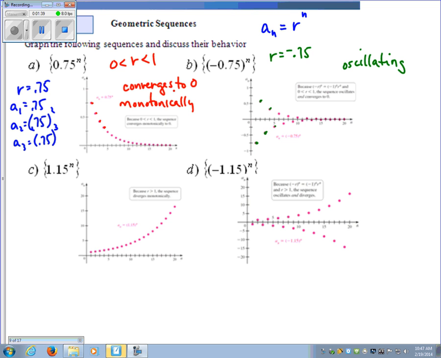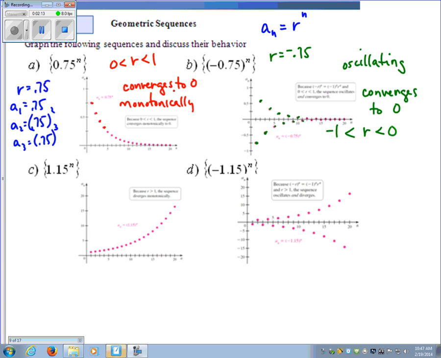Flip-flopping back and forth, positive to negative, but because we're multiplying by 0.75, we're taking 3/4 of the number value each time. Those numbers are still getting smaller and smaller and converging to 0. So if you look at the graph, you can see that it does converge to 0, but it does it by oscillating. Okay, and now that situation was where we had an r that was negative. So it's below 0, but it is still bigger than negative 1.